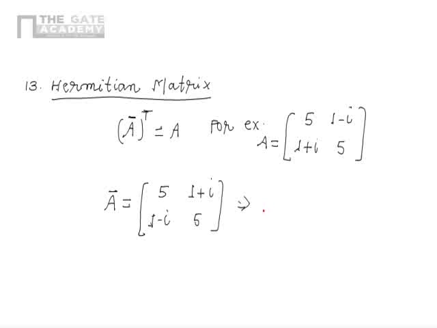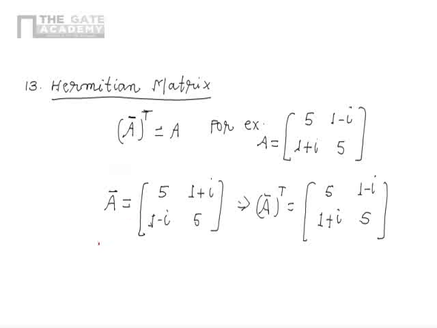If I take the transpose of this matrix, then it will be equal to 5, 1 plus i. So here this row I am writing as a column, 1 minus i and 5. So we can see this matrix is equal to the original. When it satisfies this condition, the matrix is called a Hermitian matrix.